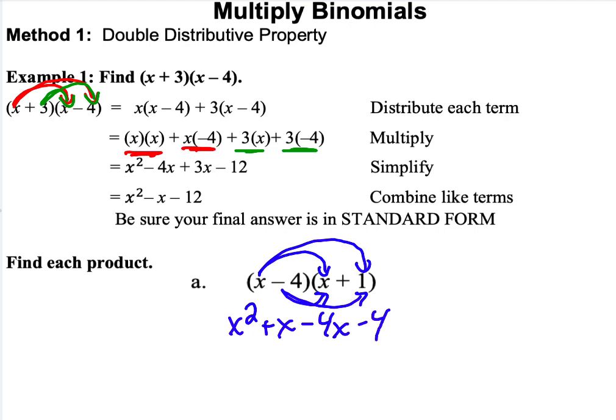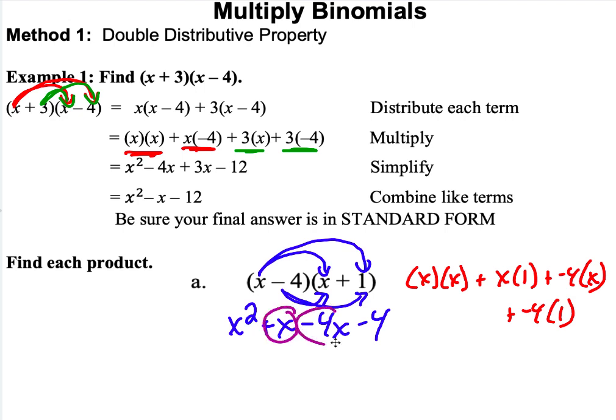If it helps, feel free to write it out. So I did x times x, and then x times 1, and then -4 times x, and then -4 times 1. But your last step, and this is going to happen a lot, is combine like terms. So I have 1x and -4x, so that gives me x squared minus 3x minus 4.